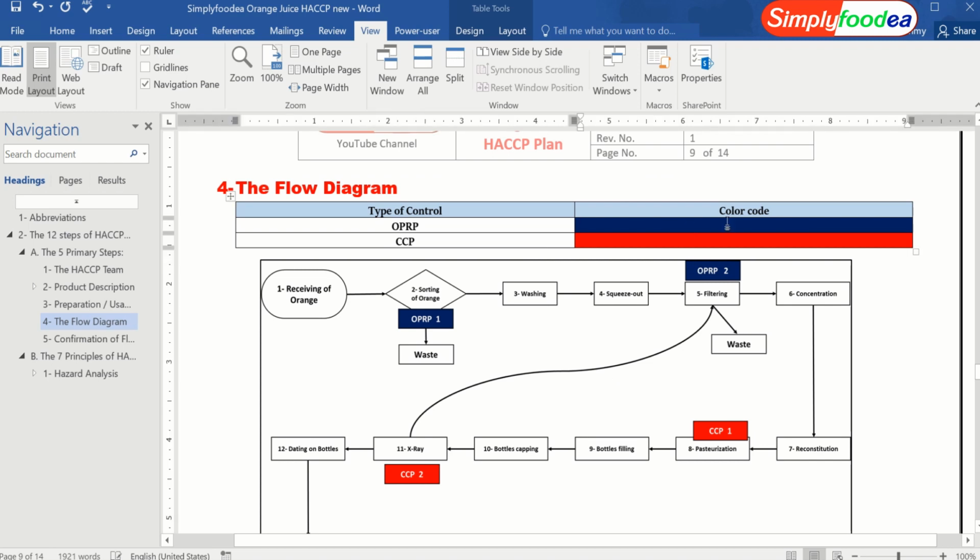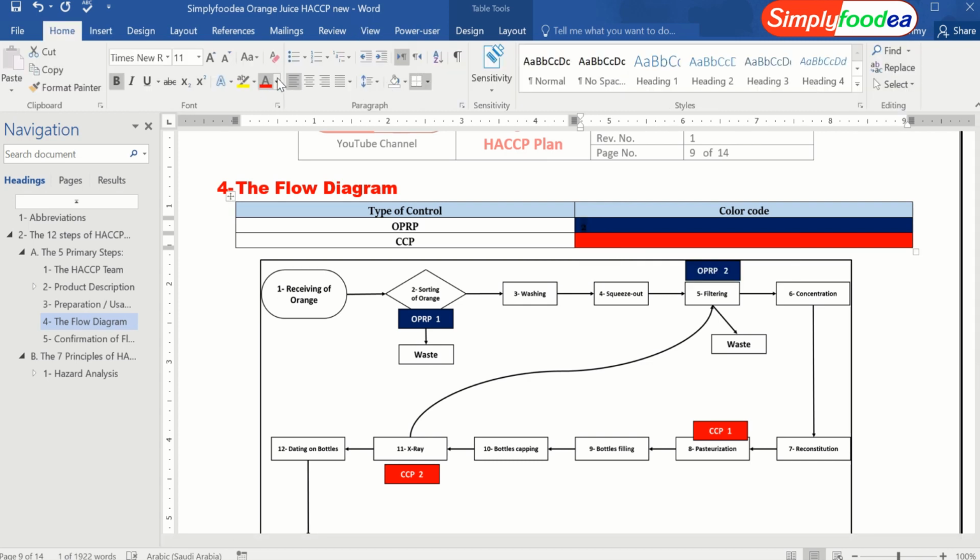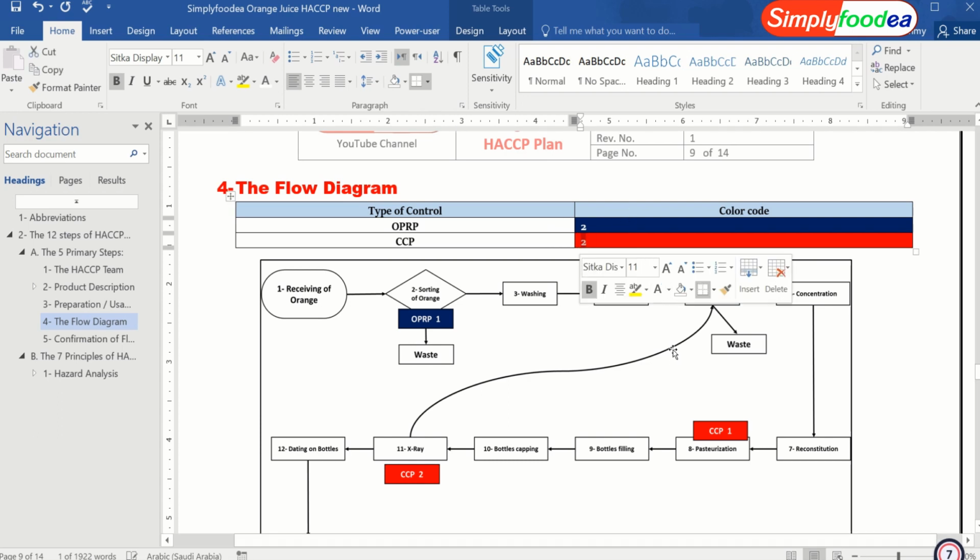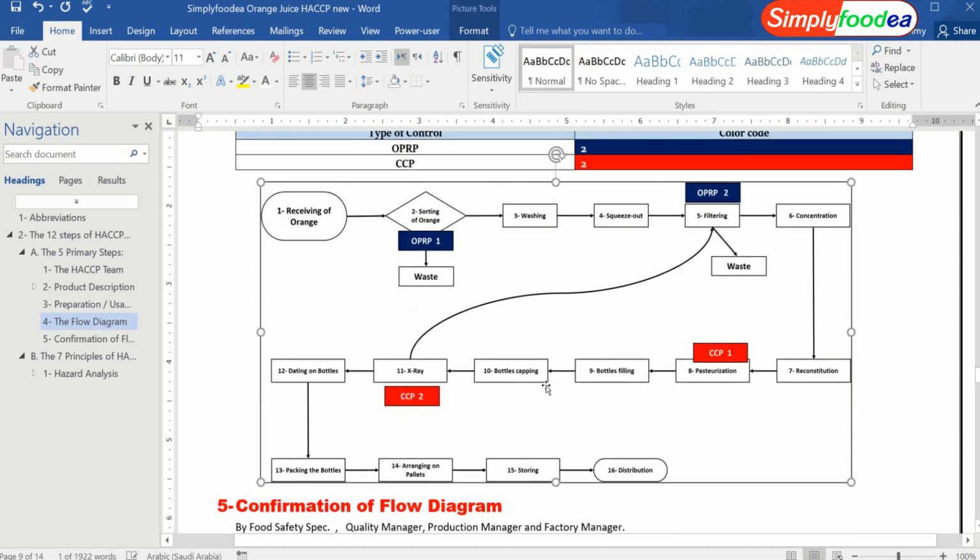We can mention here that we have two PRPs and 2 CCPs in our example, and we will know later what those are.